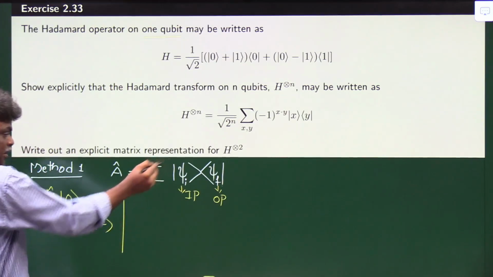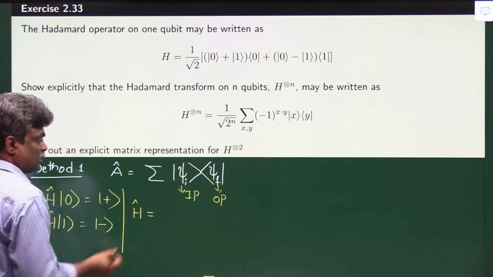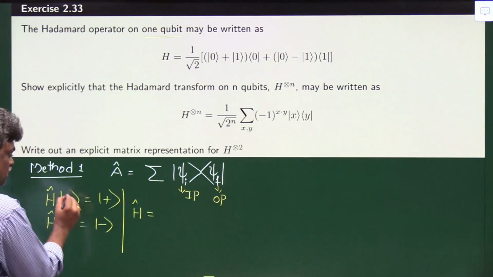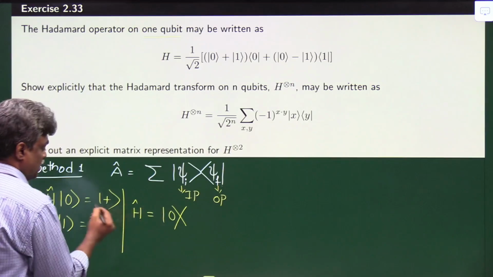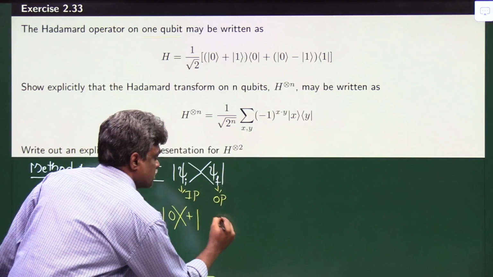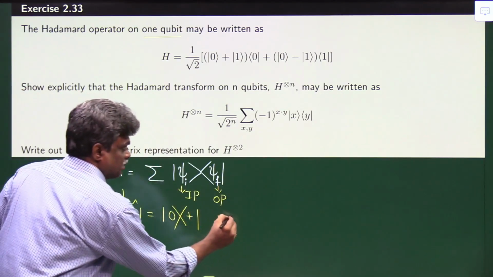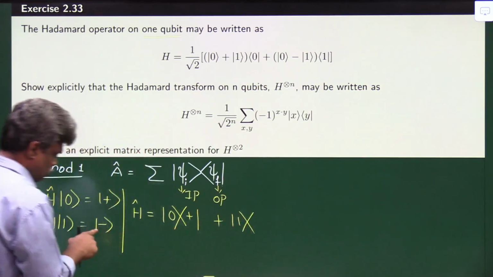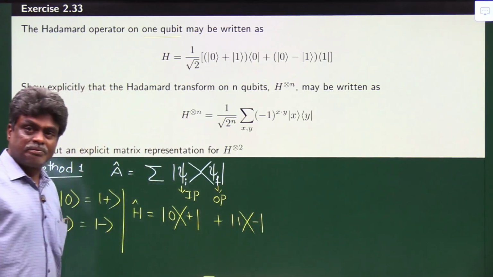According to this I can write the Hadamard operator equal to, so what is my input? This one, ket 0. The corresponding output is what? Plus, as a bra vector. Next, what is the input here? 1, and the output is minus, that is the diagonal basis.